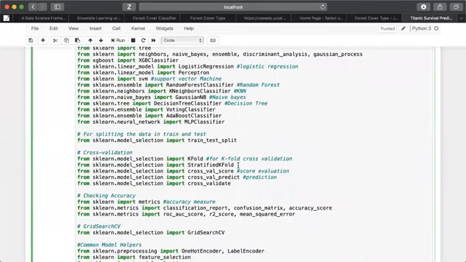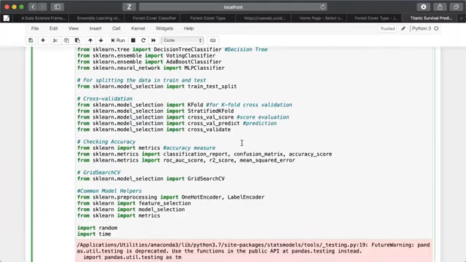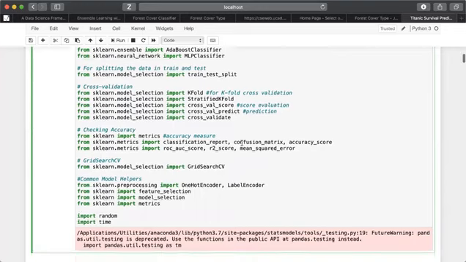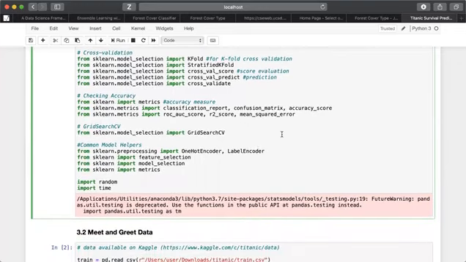For splitting the data, I have imported train_test_split, and for cross-validation, KFold, StratifiedKFold, cross_val_score, cross_val_predict, and cross_validate. For checking the accuracy, I have imported classification_report, confusion_matrix, and accuracy_score from sklearn.metrics.